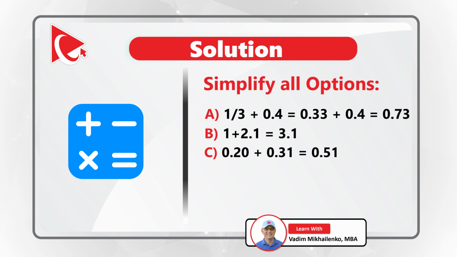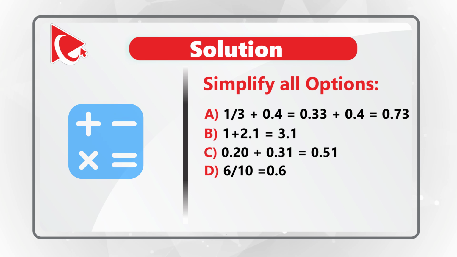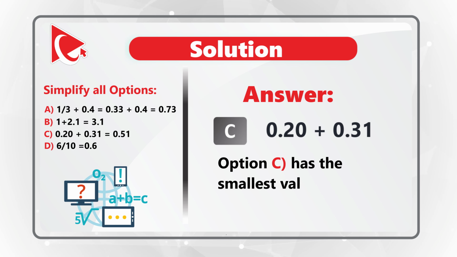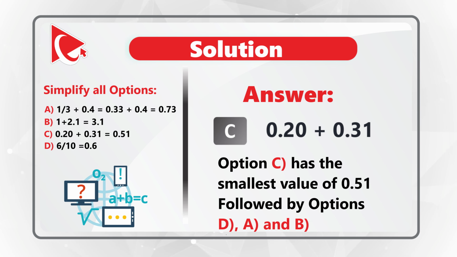Choice C, 0.20 plus 0.31 equals 0.51. And choice D, 6/10 equals 0.6. Which means, if you look at the answers, that option C has the smallest value of 0.51, followed by options D, A, and B.